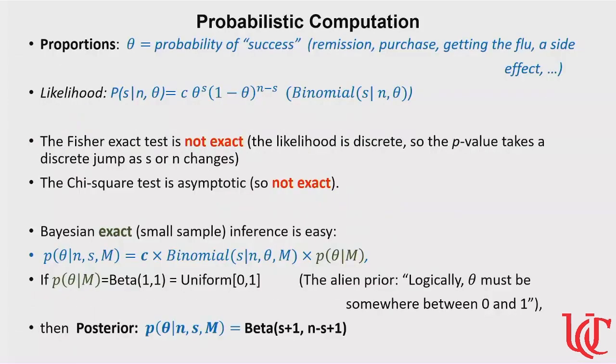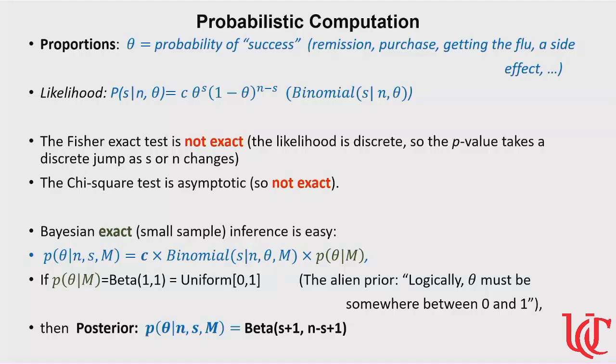So let's do a couple of examples. You've got some success or failure. Lots of situations: take the left door, take the right door, take the red pill, take the blue pill. Remission: is the patient in remission or not in medical settings? They use CGI-S a lot for that.